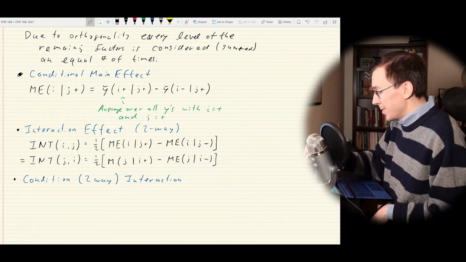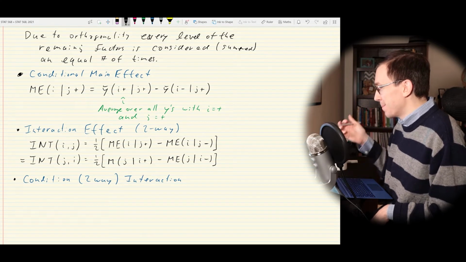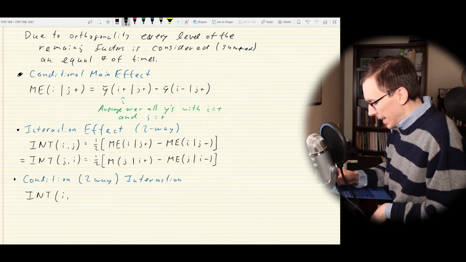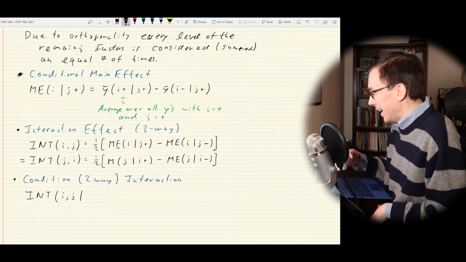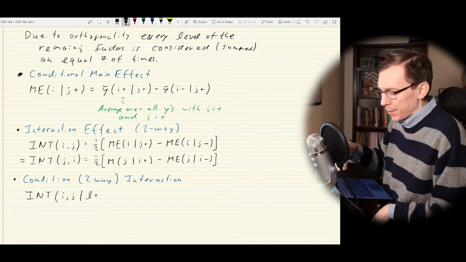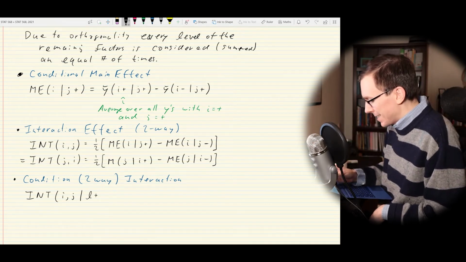And there we're going to do this exactly the same way we did it before. We're going to use the notation, the interaction between I and j given a fixed value of factor L. I'm going to use L and not K because K is the total number of factors that I am testing.